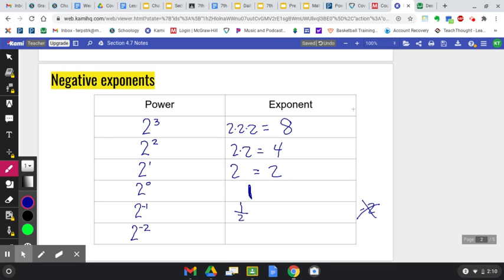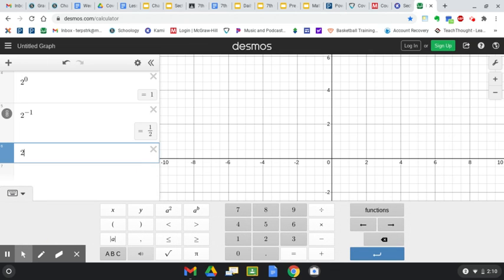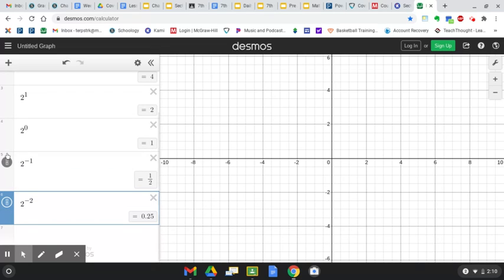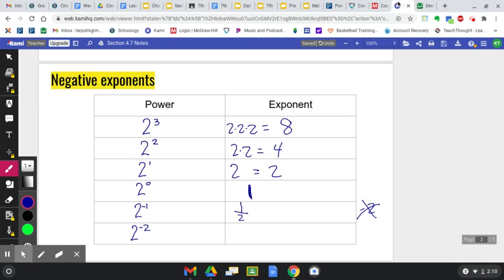And 2 to the negative 2, right? If we go back here, we can say 2 raised to the negative 2. Okay, 0.25, so another decimal, right? Which is really 1/4. Let's talk about 2 to the negative third. What would you guess it would be?